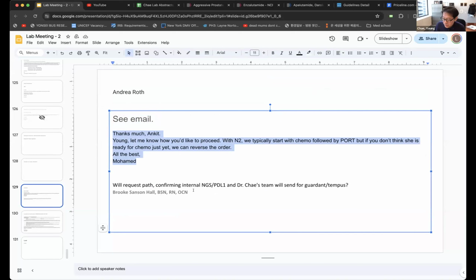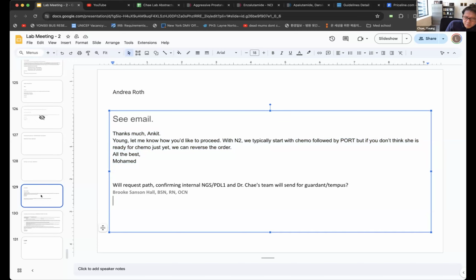We need to send, so I think she was squamous, right? Andrea Roth. I think so. I don't think she had any target.